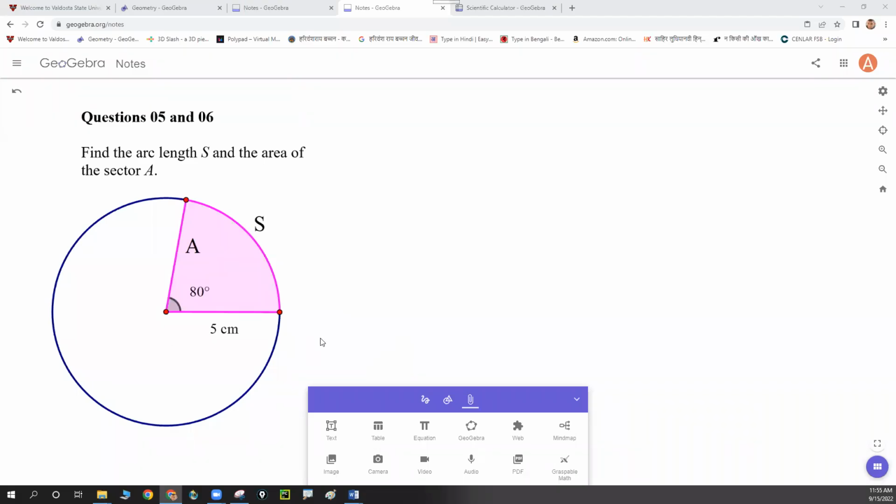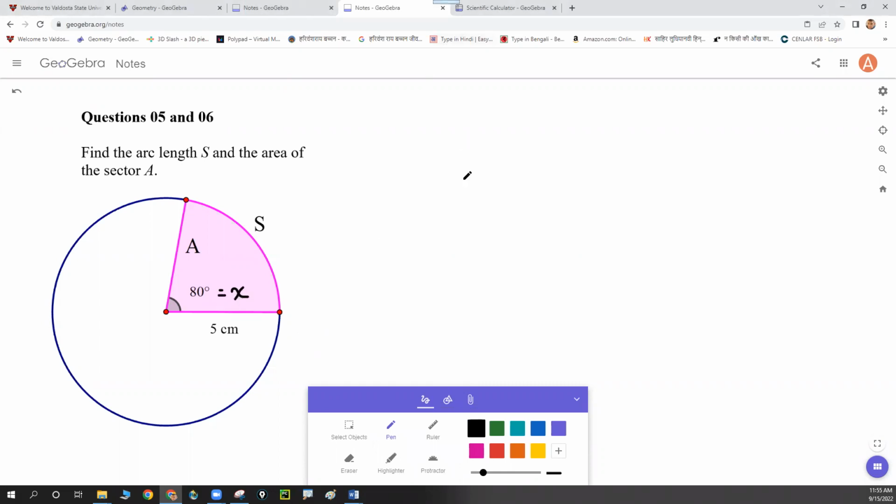So this is problem 5 at 6 from set A exam 1. My angle is given as 80 degrees and I have to calculate it in radian. Let's say this is equal to x radian. I can set up a proportion as follows.